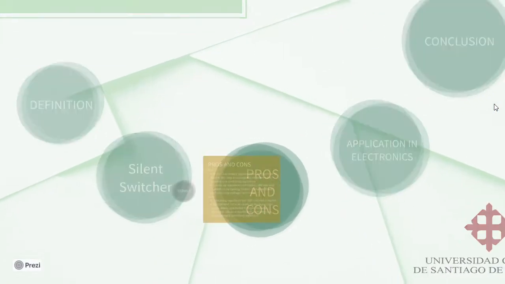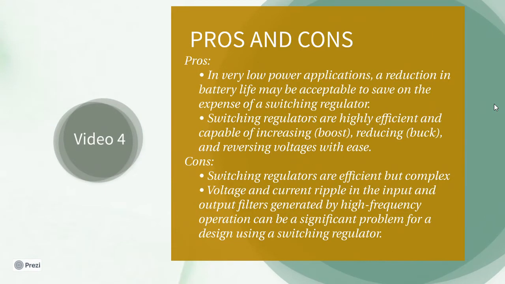Pros and cons. Pros: in a very low power application, a reduction in battery life might be acceptable to save on the expense of a switching regulator. Switching regulators are highly efficient and capable of increasing (boost), reducing (buck), and reversing voltage with ease.